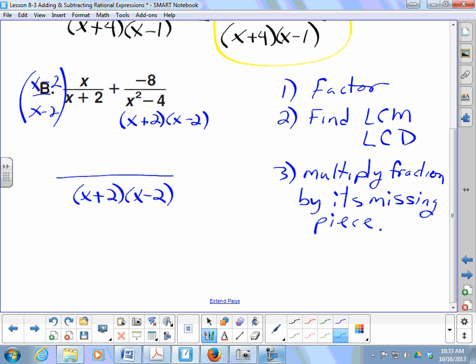So we get x squared minus 2x minus 8. Oh, this is nice. It's already simplified. But, all right. Factor numerator if possible.